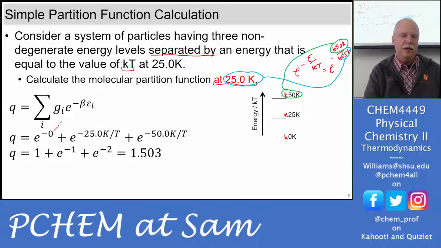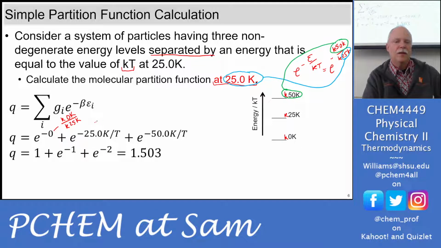Here, this fraction is Boltzmann's constant times 0 Kelvin divided by Boltzmann's constant times 25 Kelvin. You see how the Boltzmann's constants cancel? Okay. See here, I just let the Boltzmann constant cancel, and I just have the energy level value up here divided by the temperature.